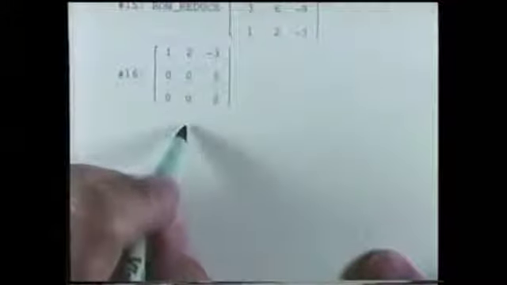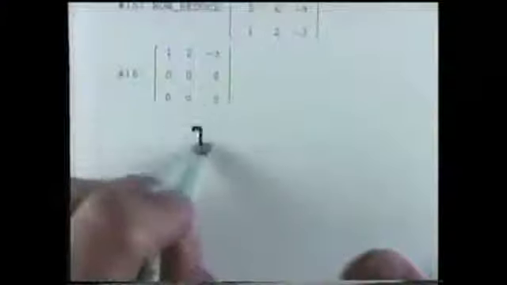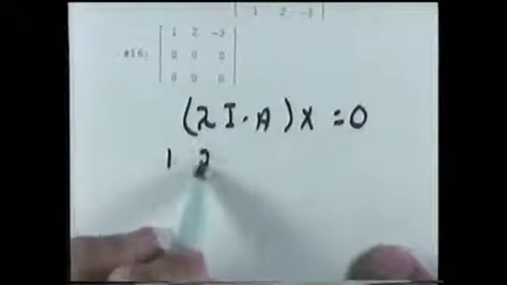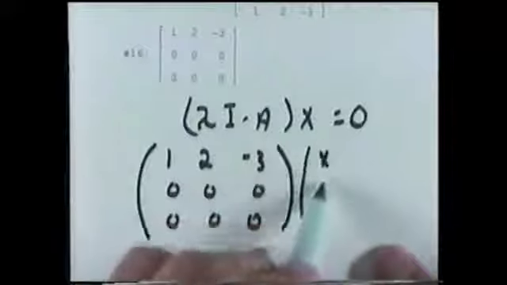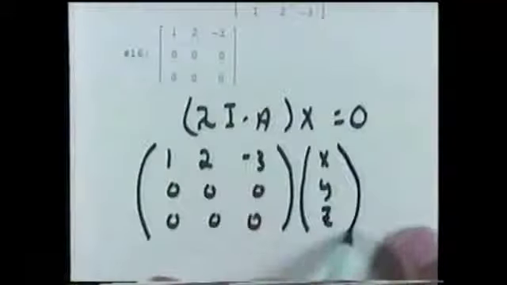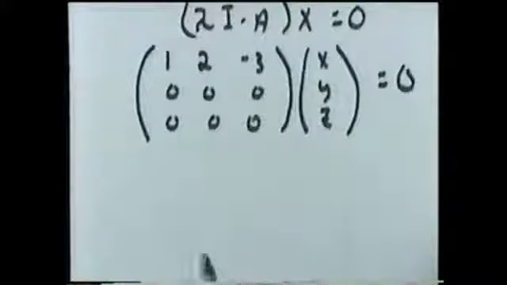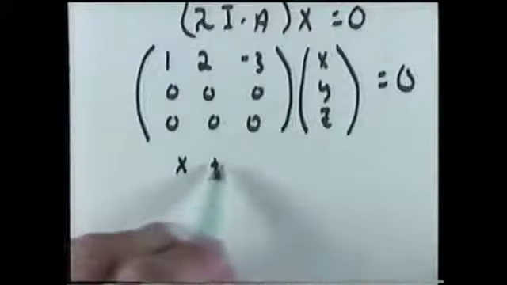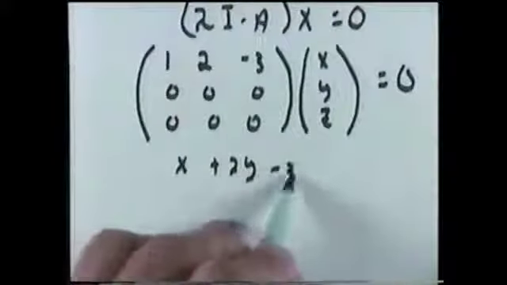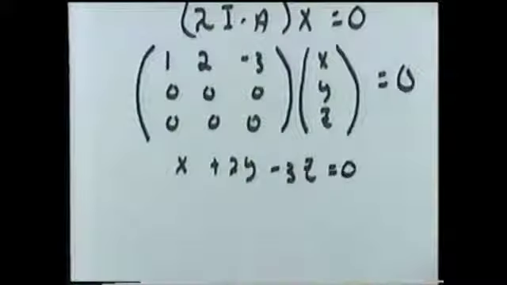So now I use this answer, lambda I minus A times x is equal to 0. So we have 1, 2, negative 3, 0, 0, 0, 0, 0, 0, times vector x, y, z is equal to 0, which gives me x plus 2y minus 3z is equal to 0.